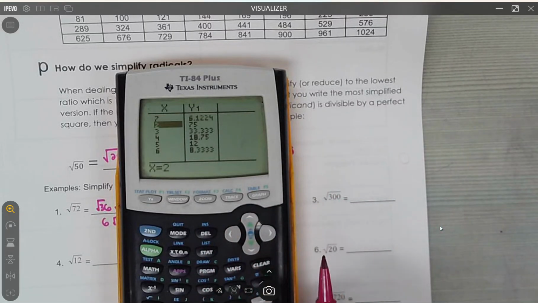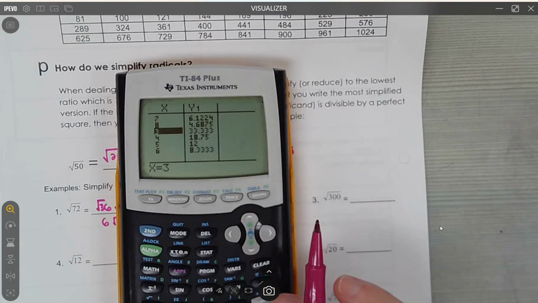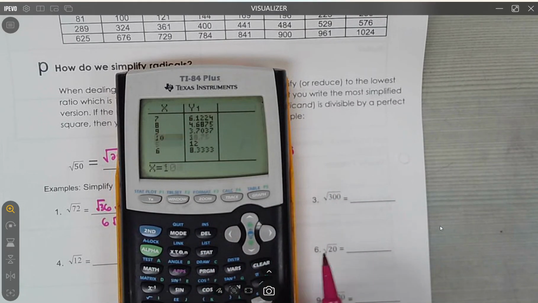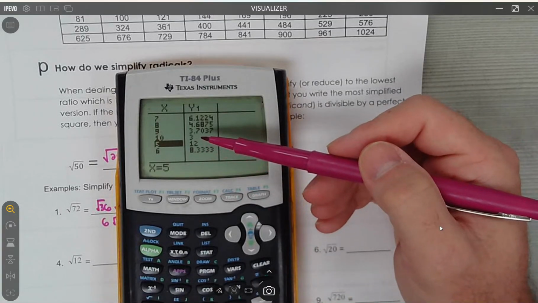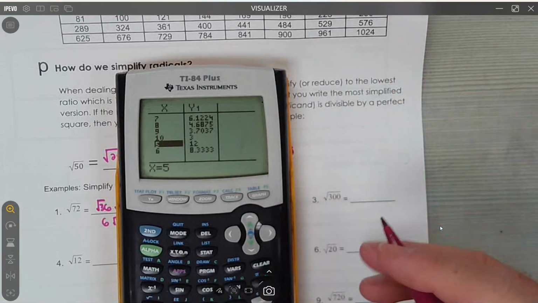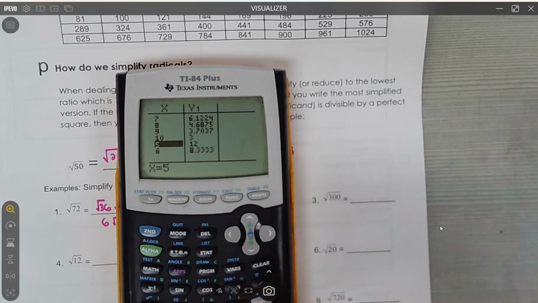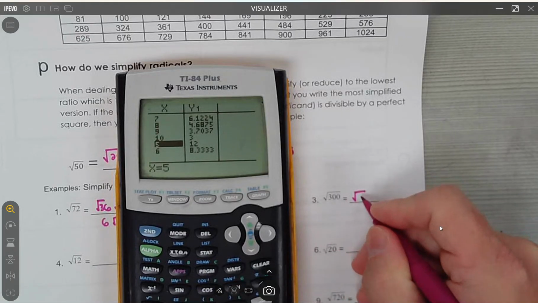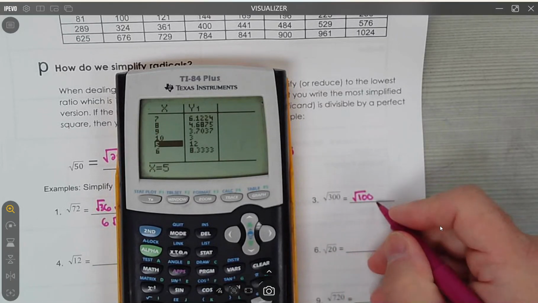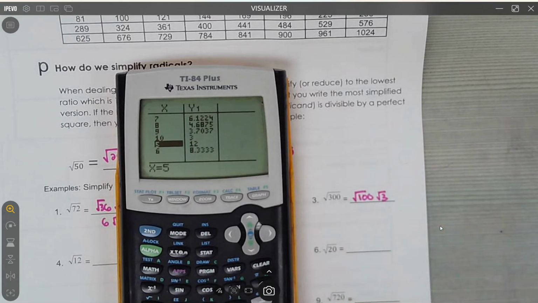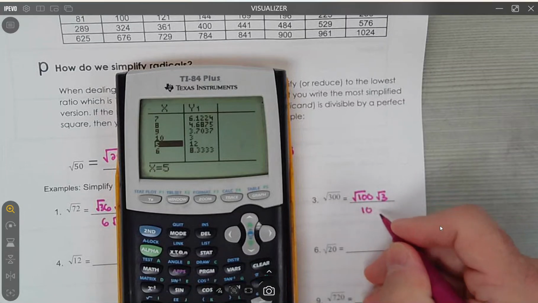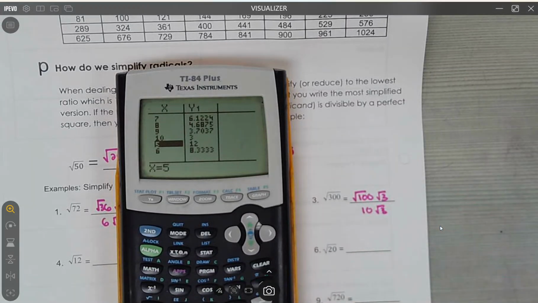Let's see, 7, no, 8, 9, 10. Well, 10 goes into it 3 times, and 3 is a prime number, so that might be a good one to work with. 10 squared is 100. So I'm going to rewrite that as the square root of 100 times the square root of 3, which finishes out to be 10 square root of 3.